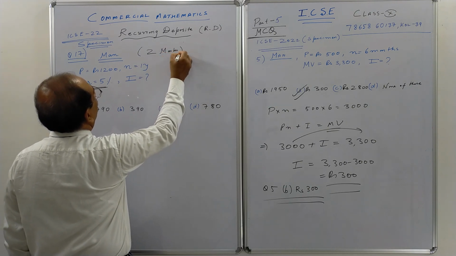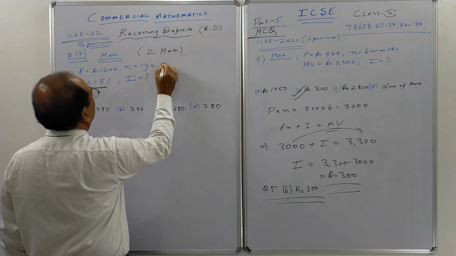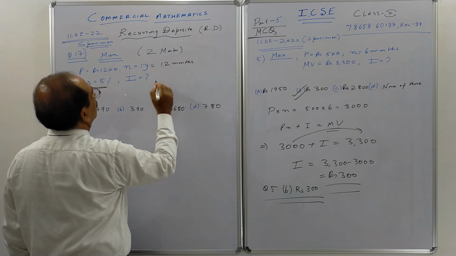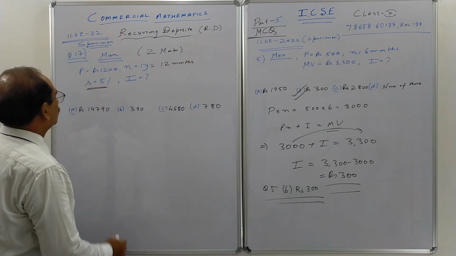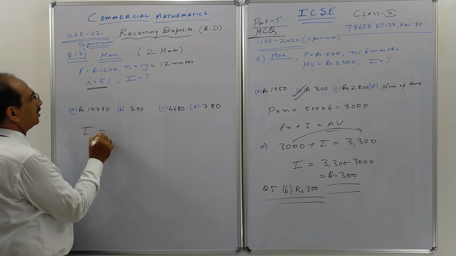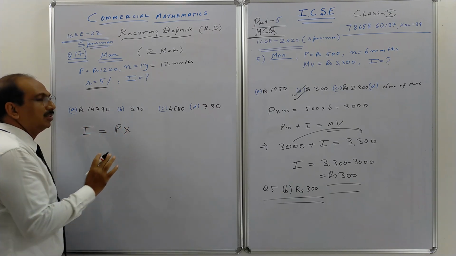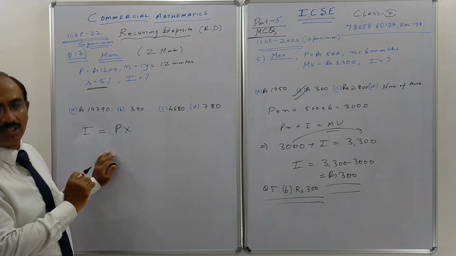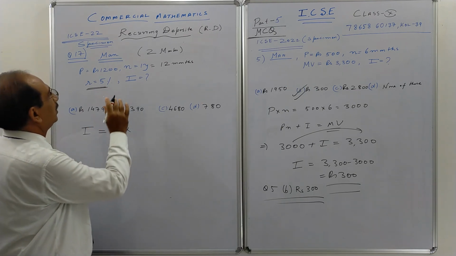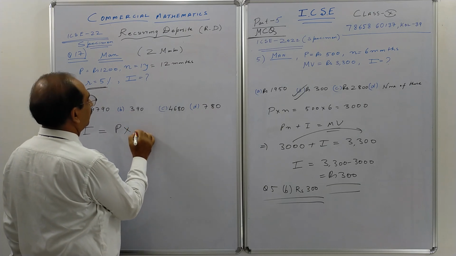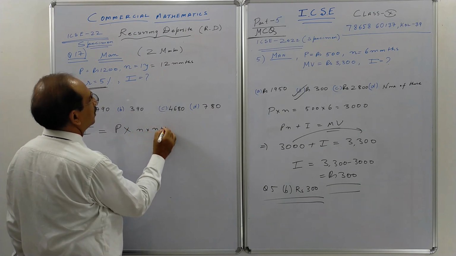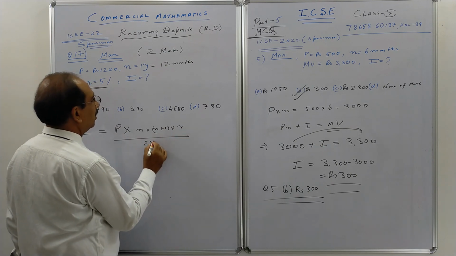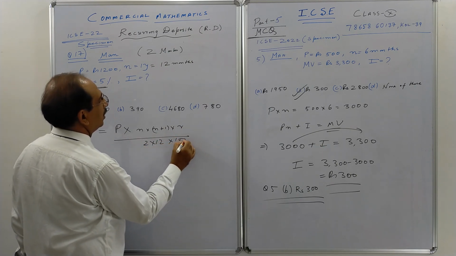So first of all, before we start, convert 1 year: 1 into 12 is 12 months. So how much interest will you get? Let us write the formula. Earlier we saw interest with maturity value, but here with rate of interest it is P into n into n plus 1 by 2 into r by 12 into 100.